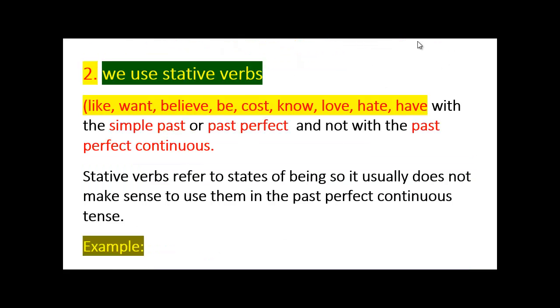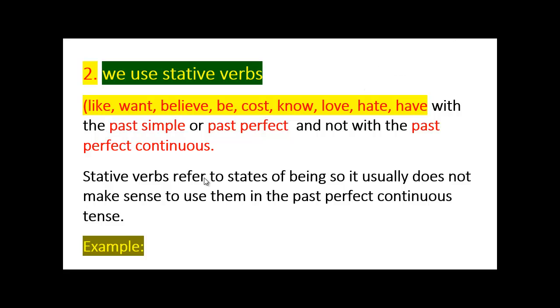Another point: when we are using stative verbs like know, be, believe, want, like, love or hate, it's better to use the past simple and past perfect, not the past perfect continuous.